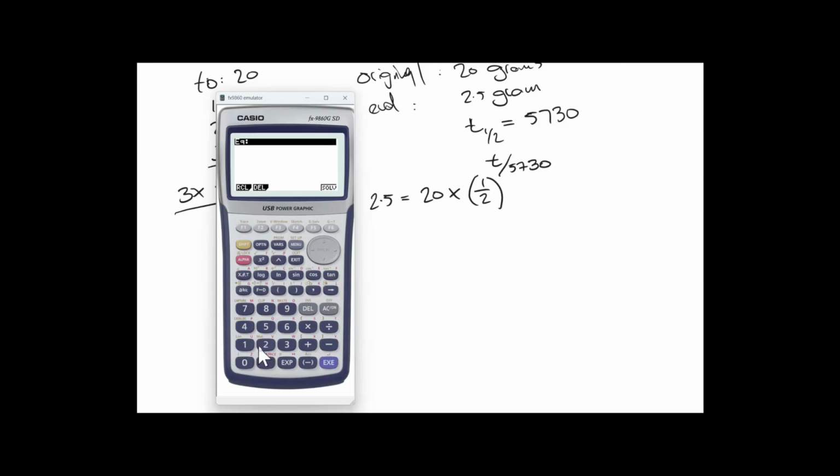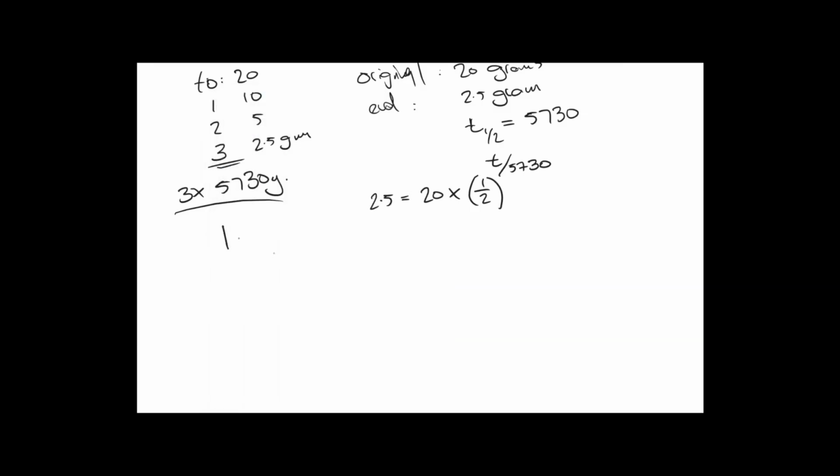Let's delete everything else that's here. 2.5, and then shift equals 20 times brackets 1 over 2 close brackets to the power of brackets, and then x is what we're looking for, divided by 5730 close brackets, exe, solve it, 17,790 years. Okay, excuse me.